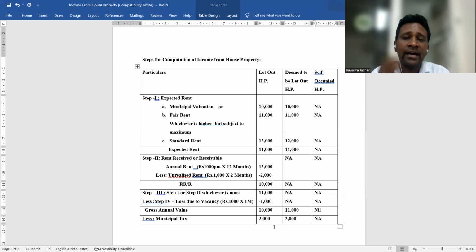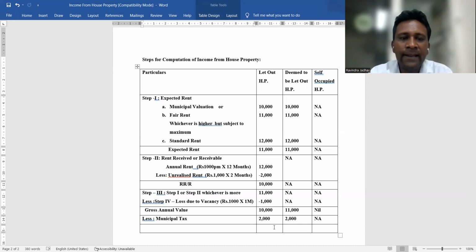ती वजावट घेता येत नाही कारण मुळातच त्यांचं वरचं व्हॅल्युएशन नील आहे. आणि मग ग्रॉस अॅन्युअल व्हॅल्यूमधनं म्युनिसिपल टॅक्सेस लेस केले की जी व्हॅल्यू येते त्याला म्हणतात नेट अॅन्युअल व्हॅल्यू. Okay. After the deduction of municipal taxes from gross annual value, the rest balance is called net annual value.